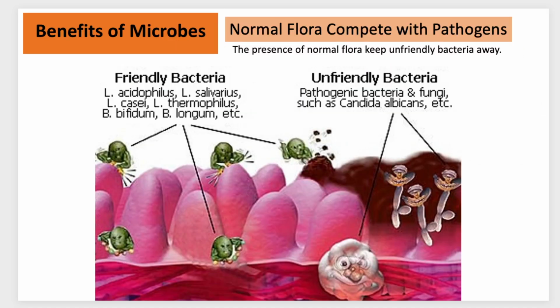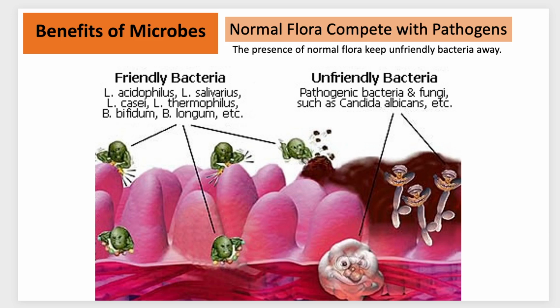And again, remember we said that only about 3% of microbes are pathogenic, and 97% are going to be non-harmful or beneficial. In our own bodies, where the beneficial bacteria play a major role is taking up space.